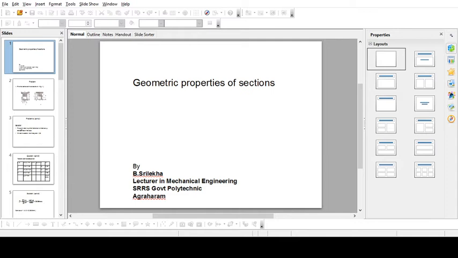Next, the summation of A into Y: A1 Y1 minus A2 Y2 plus A3 Y3 is equal to 27,200 minus 6084 plus 17,600. That will give you a value of 38,716.